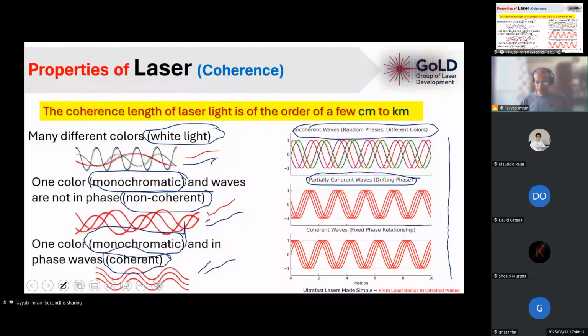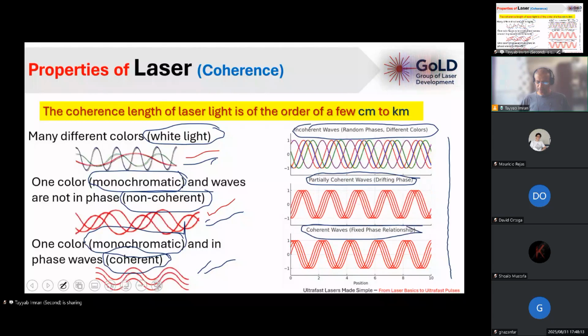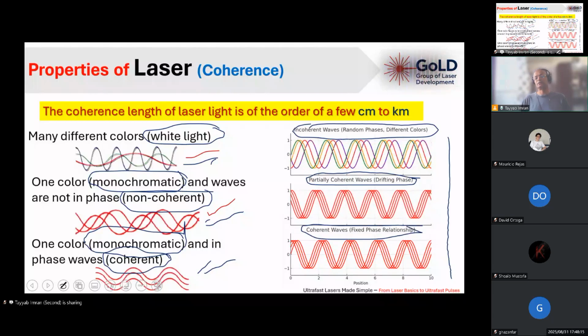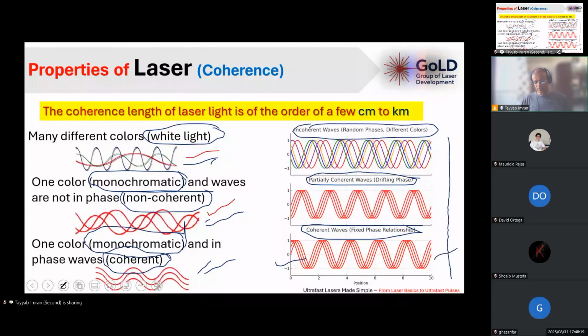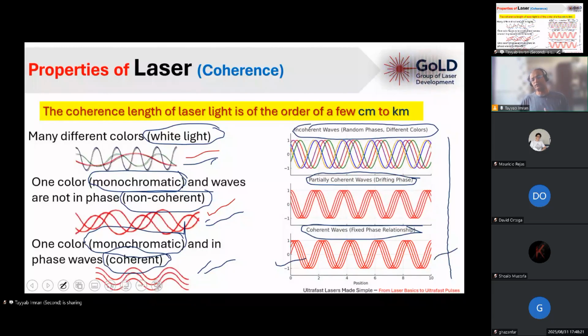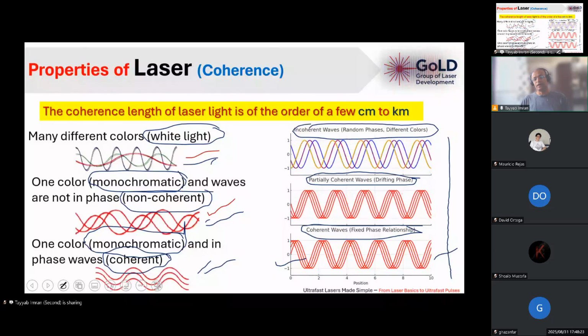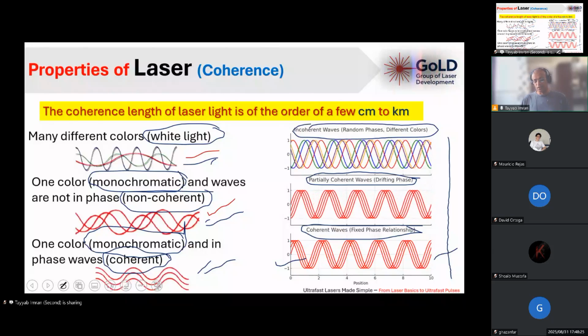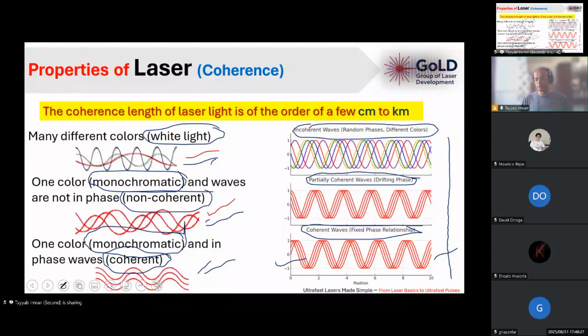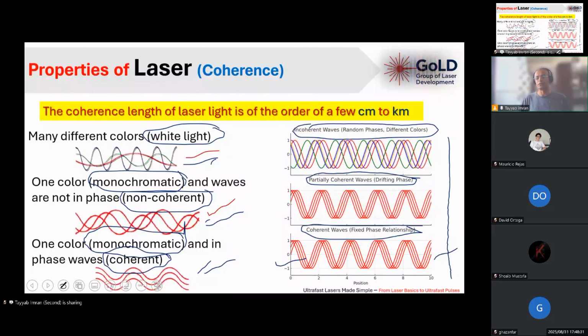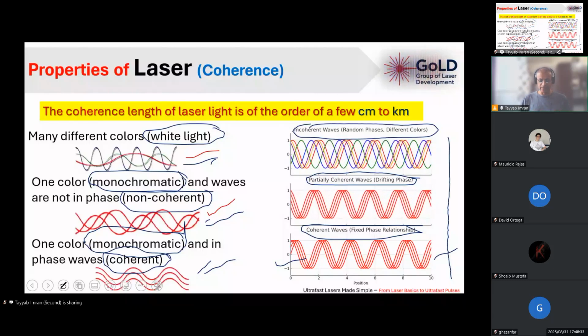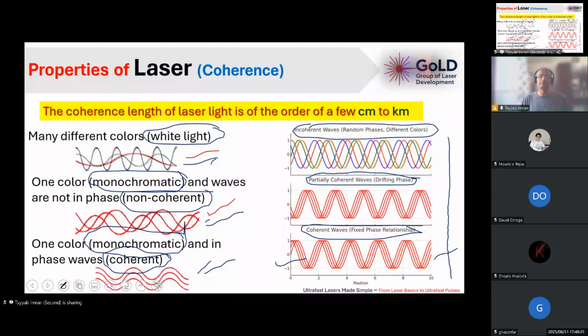And here is fully coherent. So you can see they are moving with the same phase difference. So first thing, keep it in mind: even though the light is monochromatic, it is not necessarily coherent.